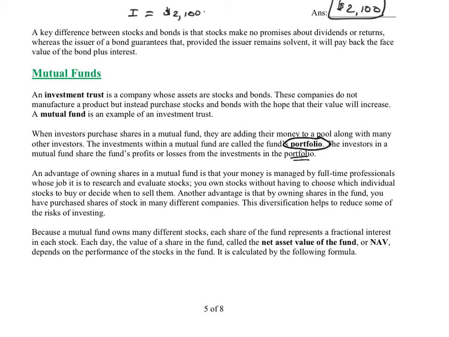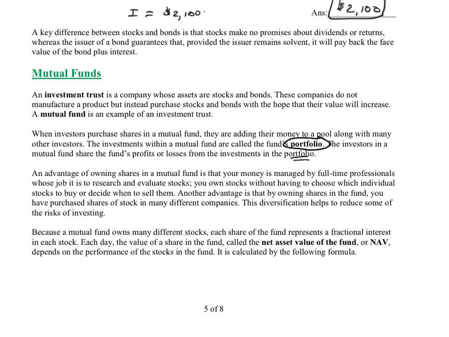It says an advantage of owning shares in mutual funds is that your money is managed by full-time professionals whose job it is to research and evaluate stocks. You own stocks without having to choose which individual stocks to buy or decide when to sell them. Another advantage is that by owning shares in the fund, you have purchased shares of stock in many different companies. This diversification helps to reduce some of the risk of investing.